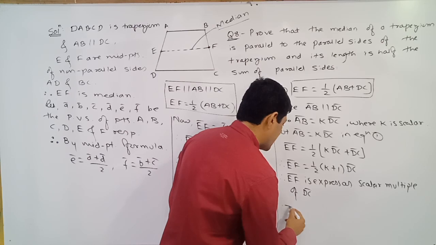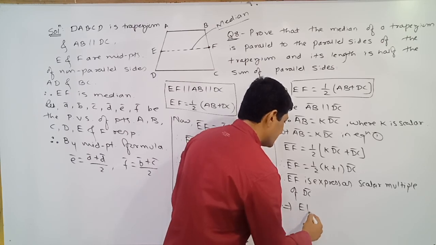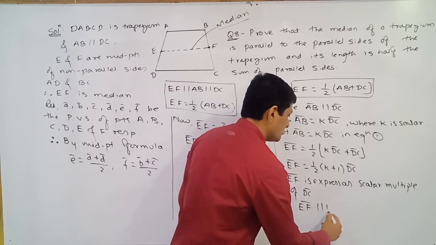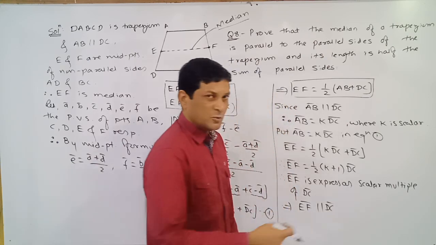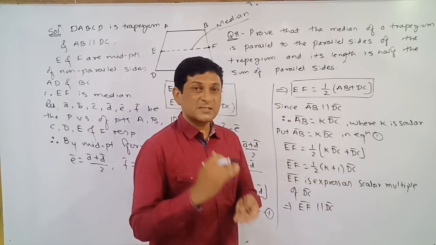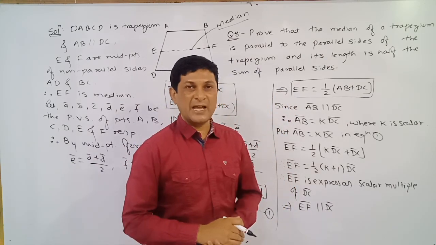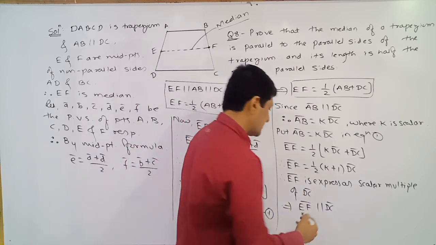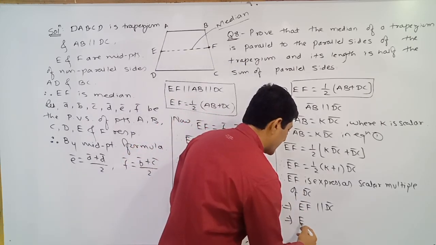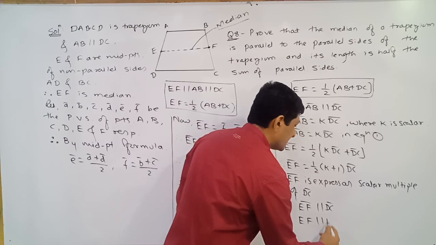So this implies that EF bar is parallel to DC bar. And we know that if two vectors are parallel, then the segments along which these vectors lie are also what? Parallel. So this implies that EF is parallel to what? EF is parallel to DC.